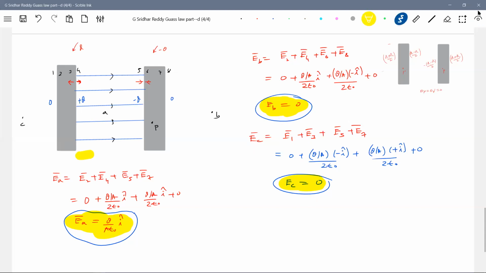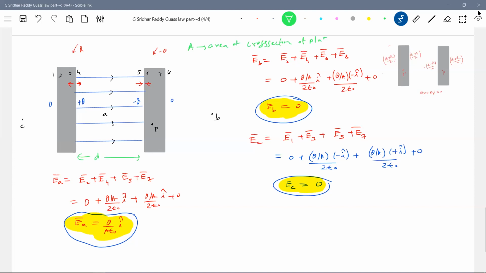Let small d be the separation between the plates. Let A be the area of cross section of the plates. Then what is the volume between the plates? Equal to A into d.